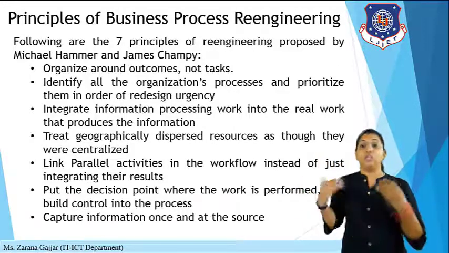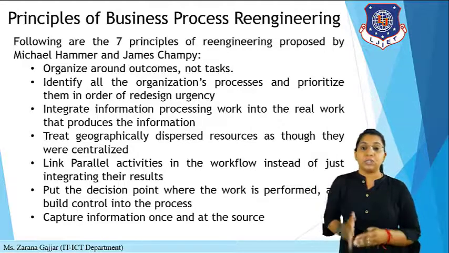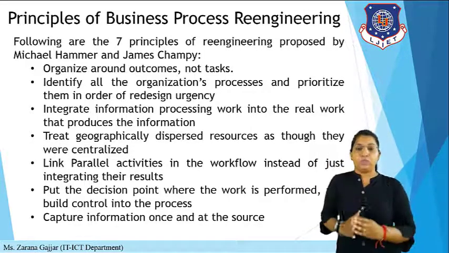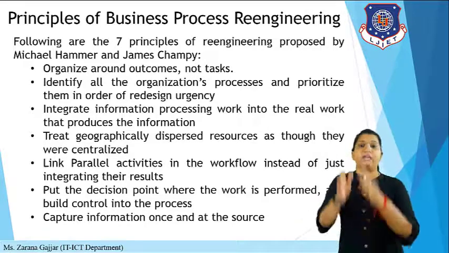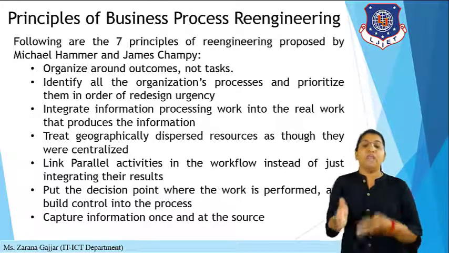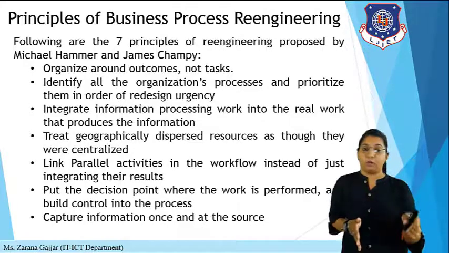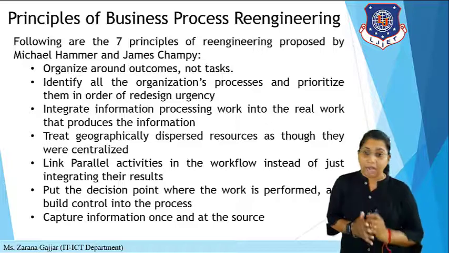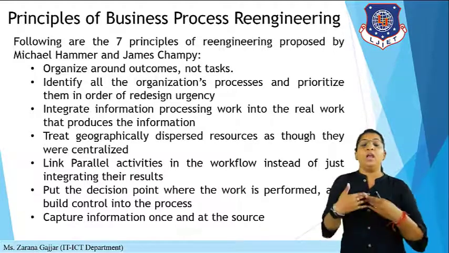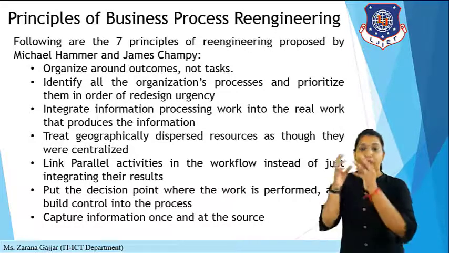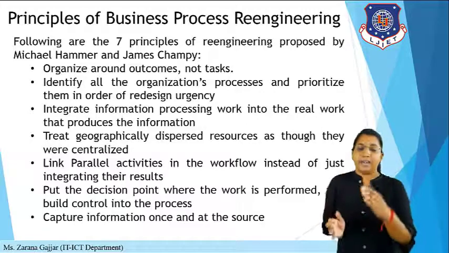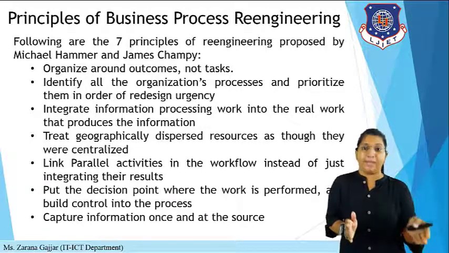Then it integrates information processing work into the real work that produces the information. So whatever the information processing work, you are mapping it with the real work. Then it will treat geographically dispersed resources as though they were centralized. As we are using Gmail and WhatsApp anywhere, they have a centralized database. Then it will link parallel activities in the workflow instead of just integrating their results. So multiple activities are carried out. For example, if you are shopping online, you add some product to the cart, then you do the remaining things like adding an address, checkout, and payment.